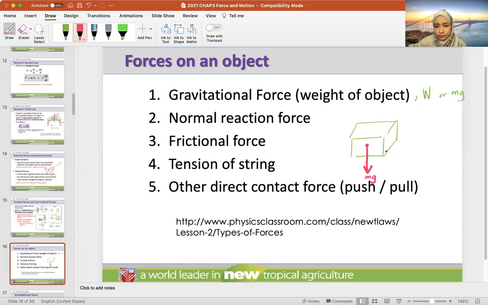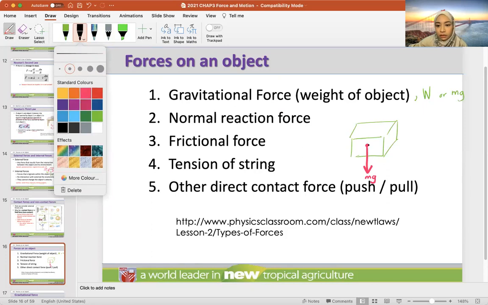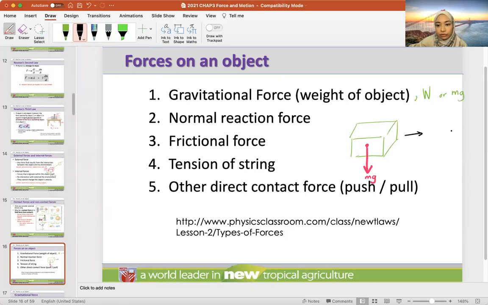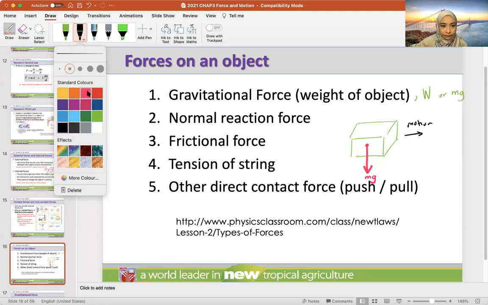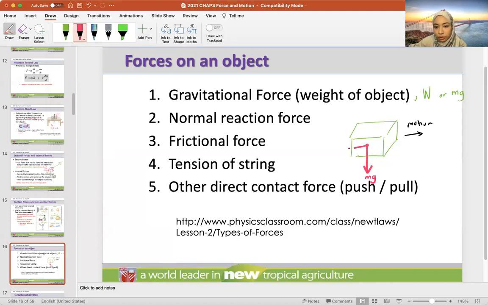And then if it is moving, it would have frictional force. If it's moving to the right, this is its movement, which I don't put on the object because this is not a force, it's just motion. Its motion is to the right, therefore my friction goes the other way. Friction is labeled as small f.